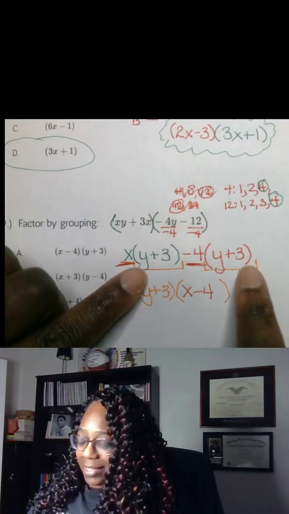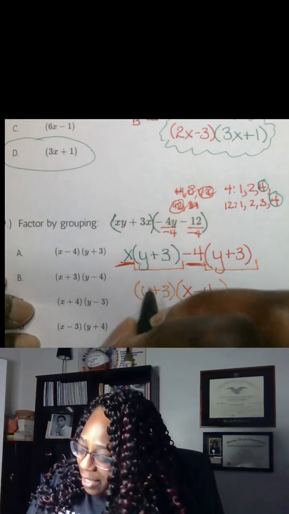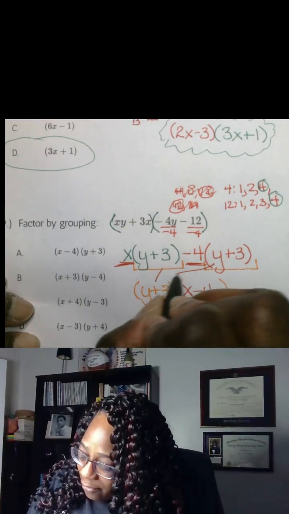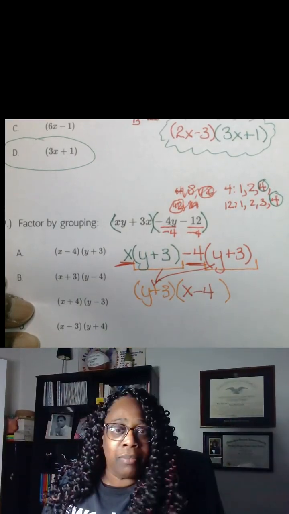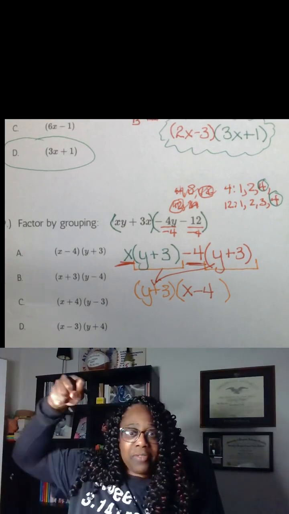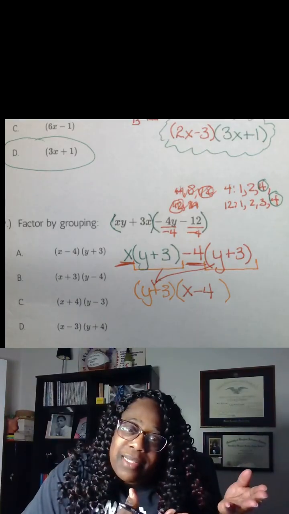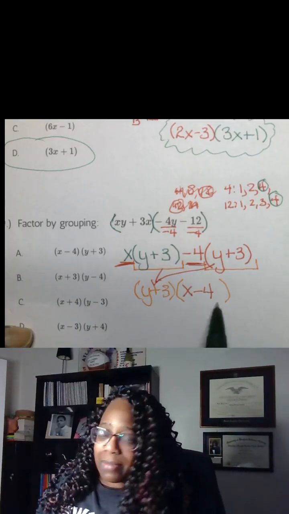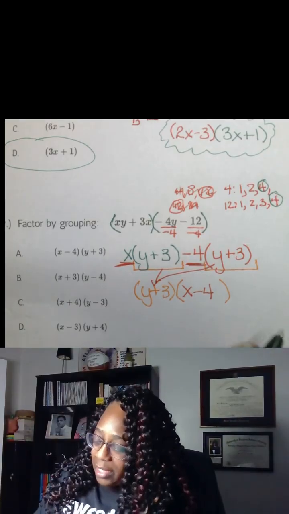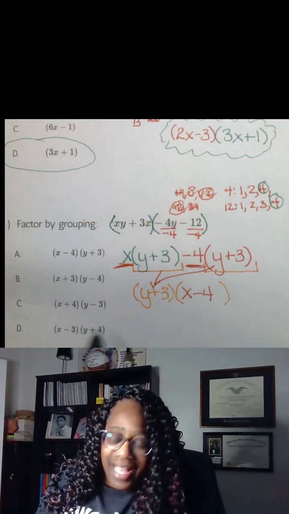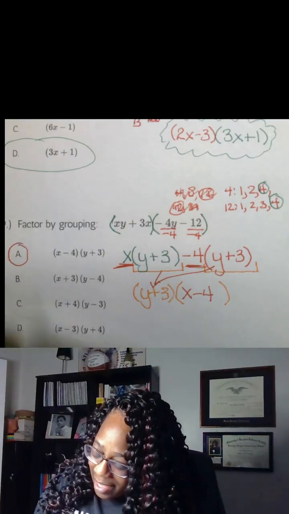Now, when they're exactly the same, that means they're going to be the GCF of the next line. So if I factor out the y plus 3, whatever remains gets its own parenthesis. That's where the x minus 4 came from. So now, lo and behold, yes, the answer is A.